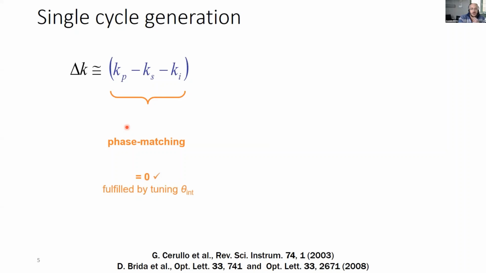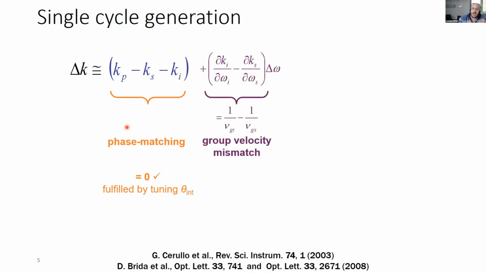The wave vector of the pump has to equal the sum of the wave vectors of signal and idler, or frequency 1 and frequency 2 in a generic difference frequency generation process. But the bandwidth of this process will rely on the difference in the group velocity between signal and idler, or the two most separated frequencies of the three-wave mixing process.